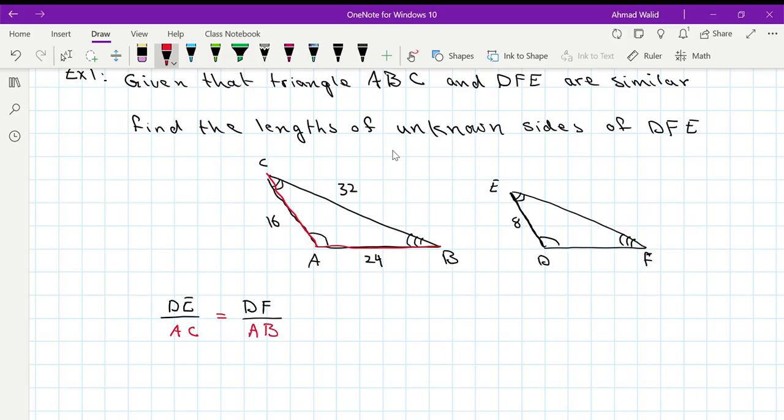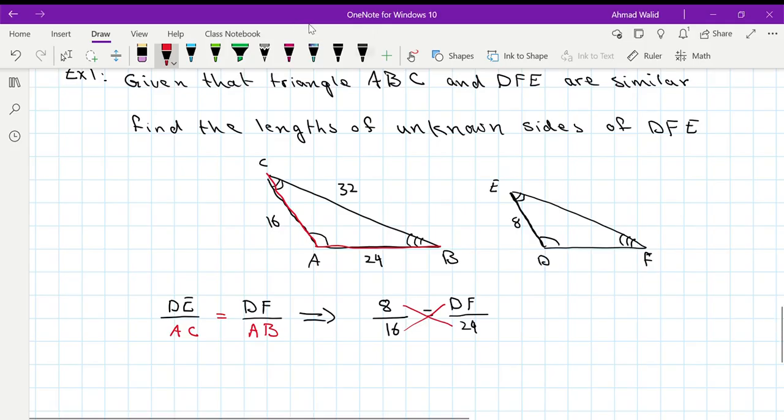Okay, let's plug in the values that we know, correct? I will do this to save some space. Your DE is given as 8 over AC. AC is given 16, correct? Equals DF. I don't know how much DF is. I have to find it. I'll keep it as DF, but AB is given 24. Now, remember from school time the cross multiplication method?